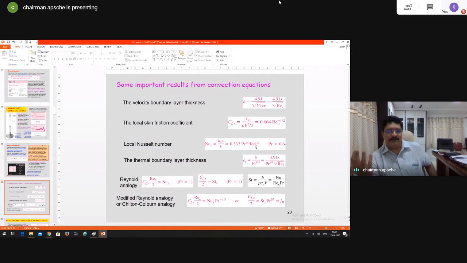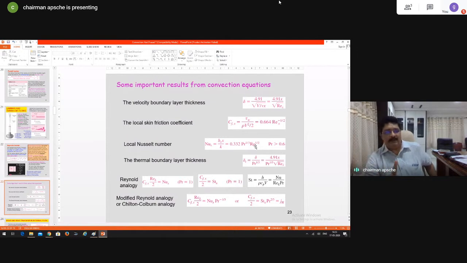What are the fundamental units? Mass, length, time, temperature. These four. If n number of variables are formed using m number of fundamental units, the n parameters can be grouped into n minus m dimensionless groups. That's the Buckingham Pi theorem.